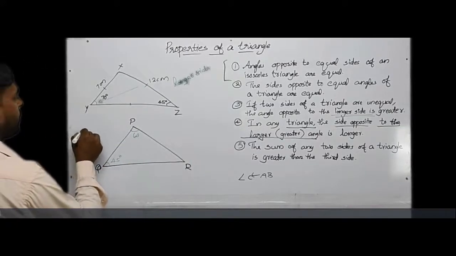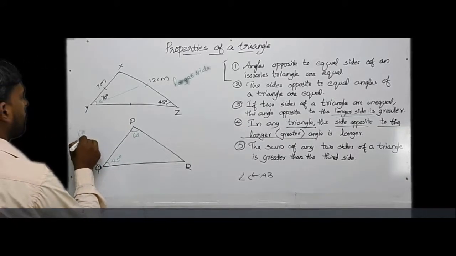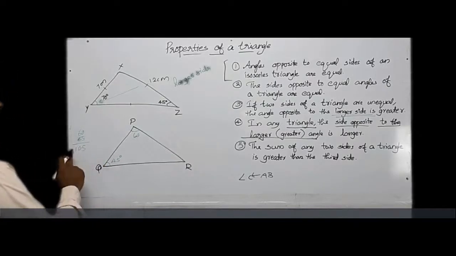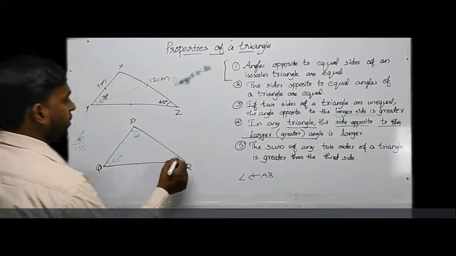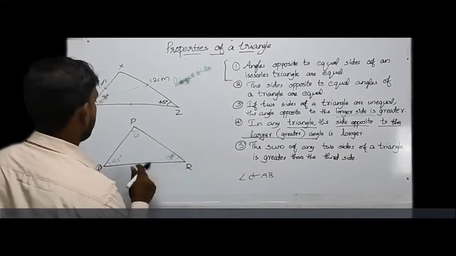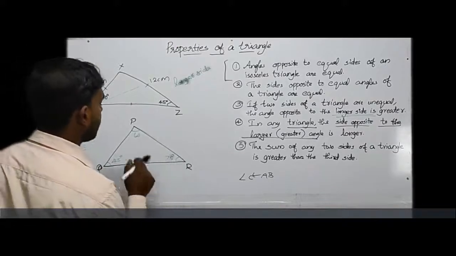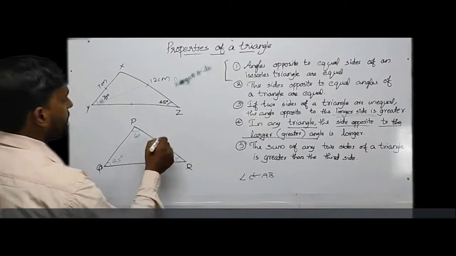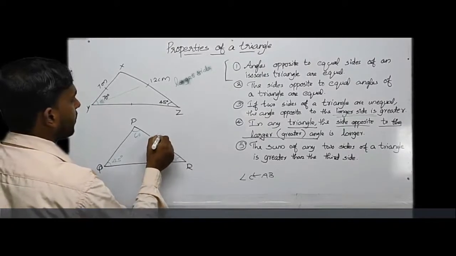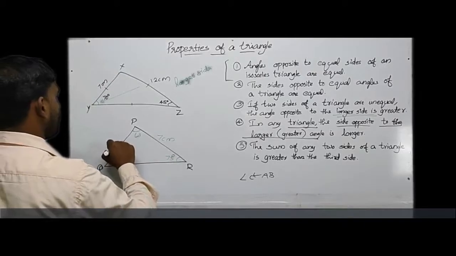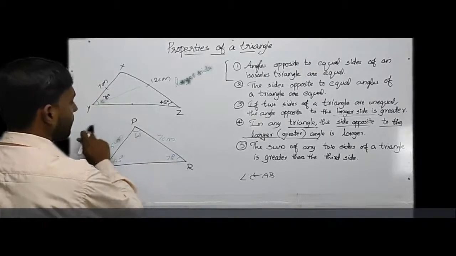So we get 60 plus 45 here. Now another we have, let's take it as 75 degree. I'm going to just put certain values here to understand. This is 7 centimeter and this is 15 centimeter.